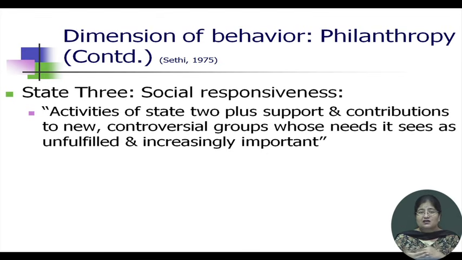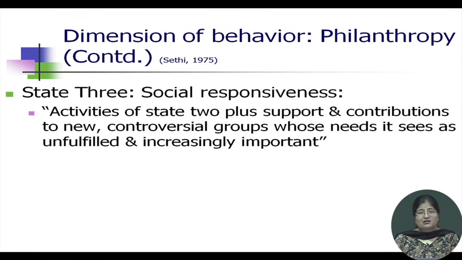When you reach state 3, you say that, well, we are not scared anymore. We would like to contribute to these causes that we think are important. We don't care whether they are controversial or not. So that is what you start doing when you reach state 3, and these are the ways in which organizations typically behave.